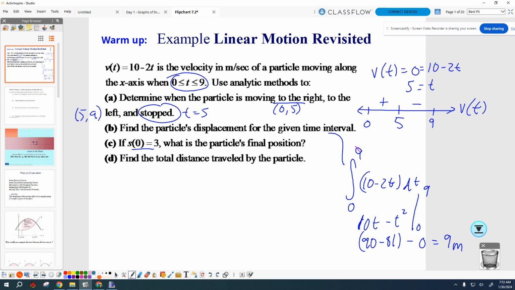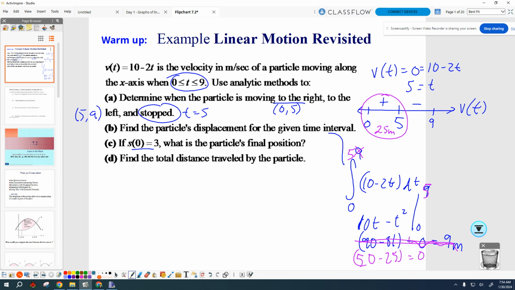So integrate from 0 to 5, and that we calculated here, it's positive. So from 0 to 5, that's 50 minus 25 minus 0. So the first 5 seconds, we went 25 meters forward.